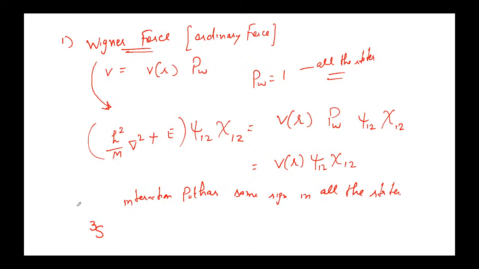So for the ground state nucleons present in the s state, where the value of l, that is the angular momentum, is 0, the value is attractive for all the states. And he has said that for the nucleons present in the s shell, its value is attractive, and this does not produce any saturation.